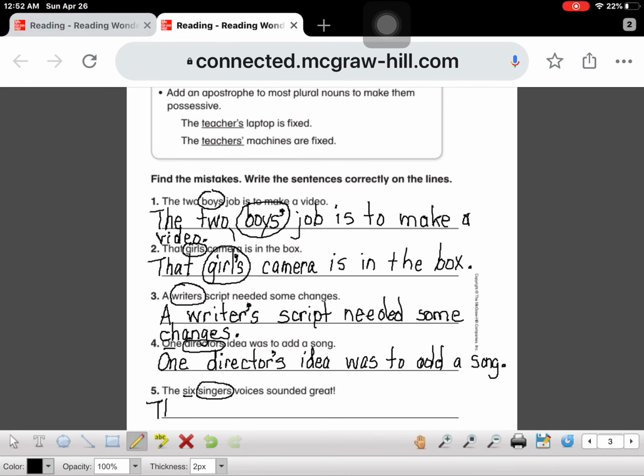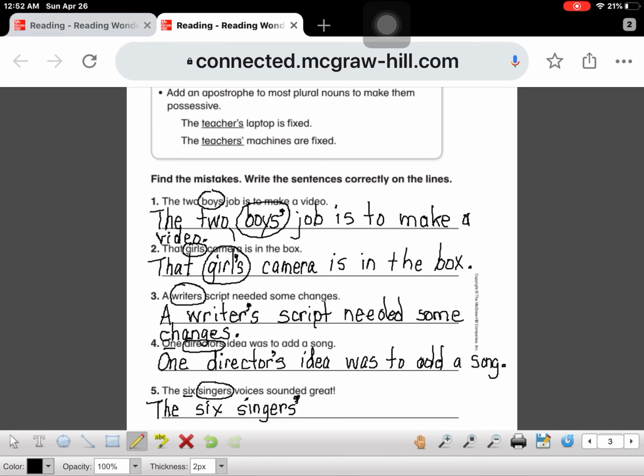So write the word the, uppercase T, H-E, the 6 singers, and since it's plural, it's the voices that belong to the singers. 6 singers' voices. Oh, that was a bad one. There we go.